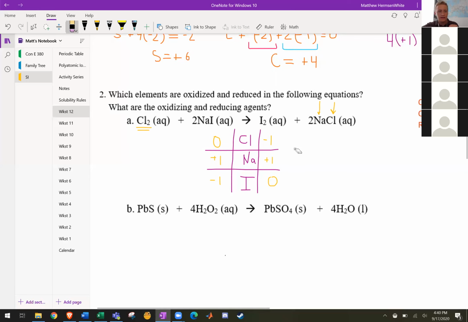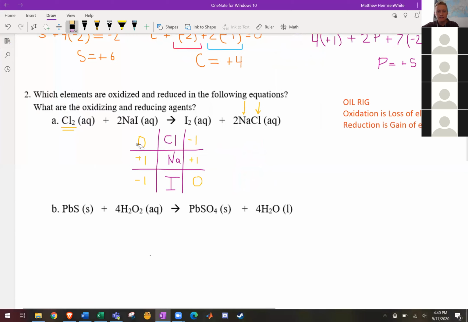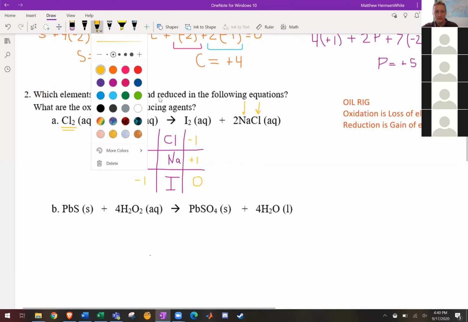Now that we have the oxidation numbers, which one is losing electrons and which is gaining? Does anyone have an opinion on that? Chlorine is gaining and iodine is losing. Yes, that's exactly correct. So chlorine is going from 0 to -1. That is a gain of electrons. This is completely backwards.